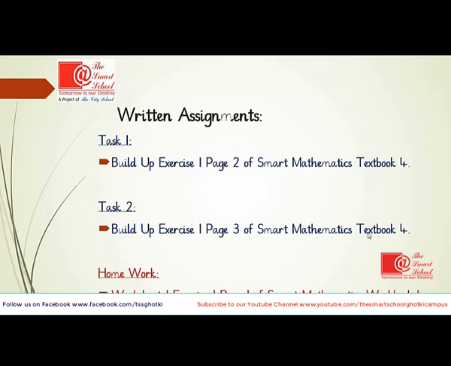Task number 2, Build Up Exercise 1, page 3 of Smart Mathematics textbook 4, where you will write the given numbers in words in both systems, the international place value system and the Pakistani place value system. And then your homework is Worksheet 1, Exercise 1, page 1 of Smart Mathematics Workbook 4, where you will write the place value and value of the underlined digit.